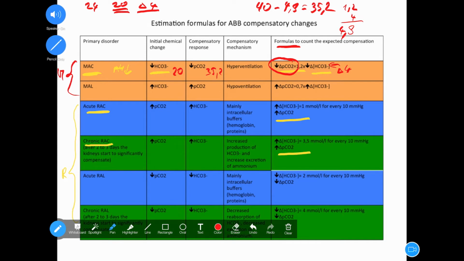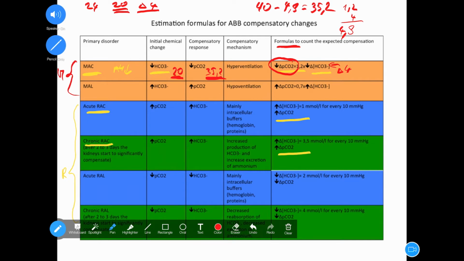So in case someone comes in and he's acidic because he maybe has diabetes, and you check his CO2, and with bicarb at 20, CO2 is 35.2.